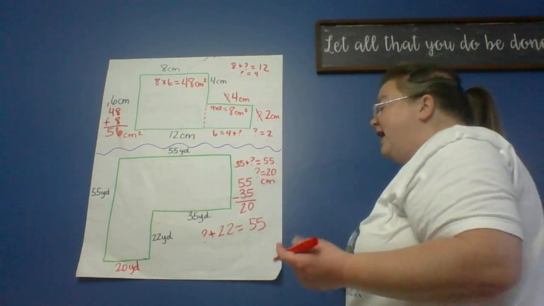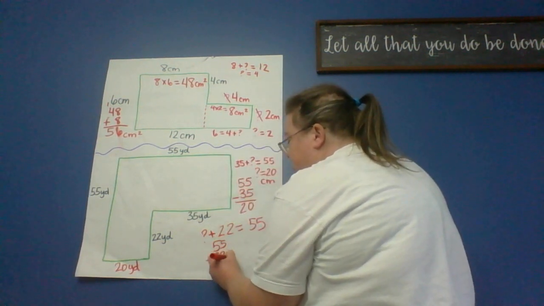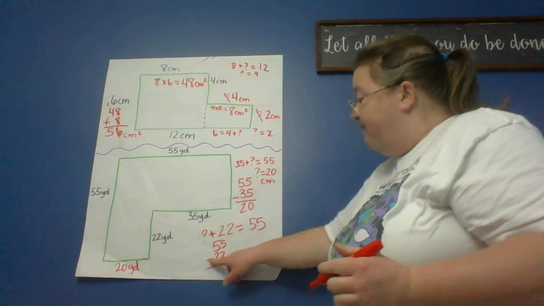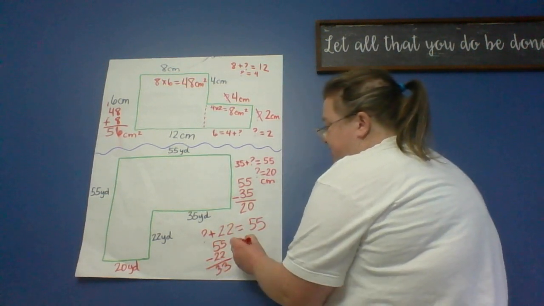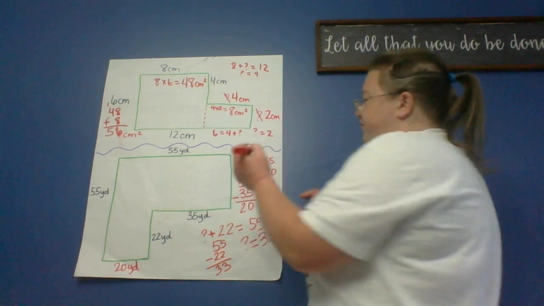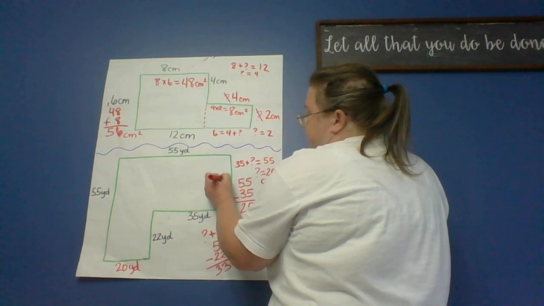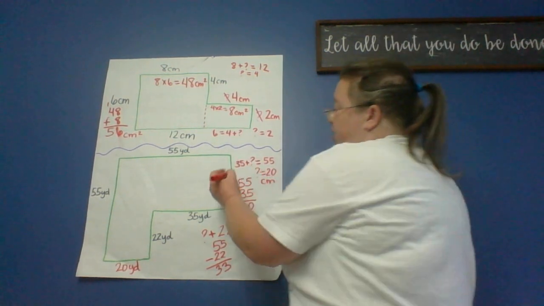So, again, I'm going to work backwards. I'm going to do 55 minus 22. 5 minus 2 is 3. And 5 minus 2 is 3. So this question mark is 33. So I'm going to write it on the inside so we can see it. This width is 33 yards.